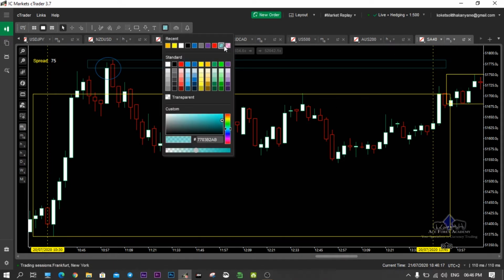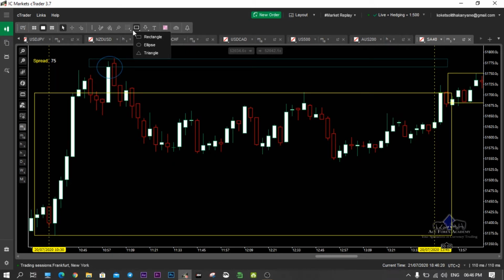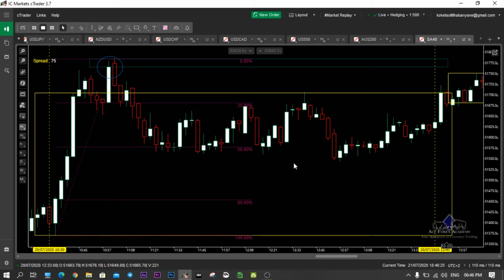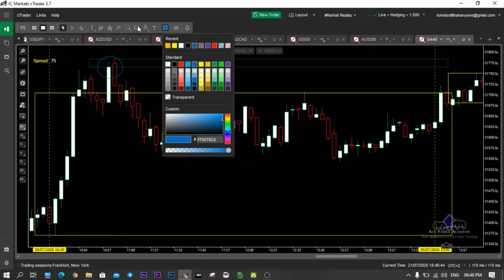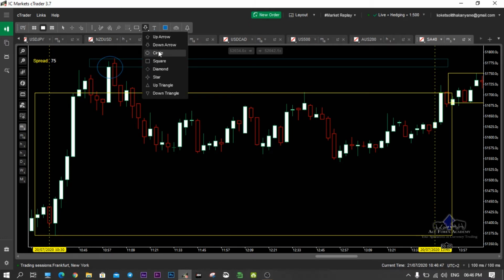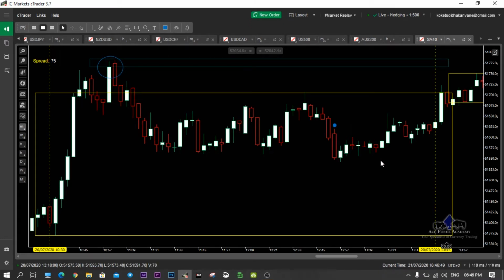With that understanding, we can pull out our modified Fibonacci tool and forecast this entire move to the upside. What we are essentially looking for is a retracement that sits well below the 50% level. As you can see, this bearish candlestick ticked off the box, and that tells us that in this particular trading scenario we were looking for a close above that high before taking any trading opportunity.